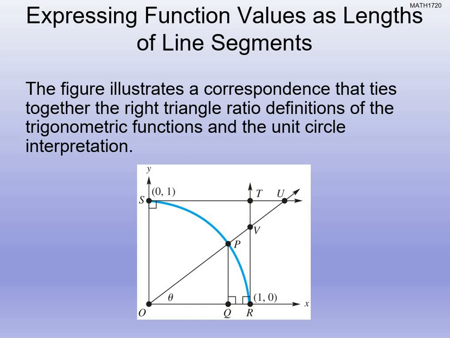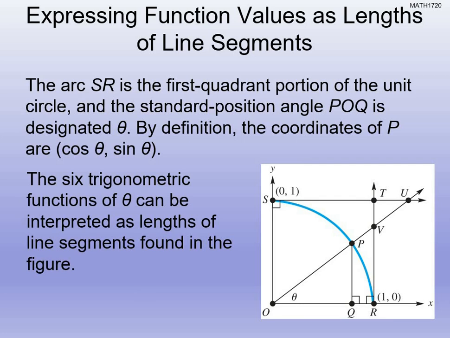How do I know it's the unit circle? Because point R is 1, 0 and point S is 0, 1. That's telling me that OP is the radius of the circle, which is 1. Same with OS and OR. So the radius of our circle here is 1, and we're going to use it to find different line segments using our trig functions.